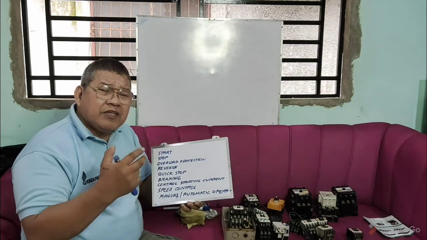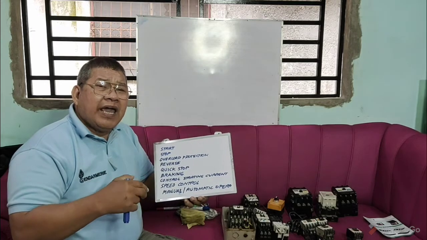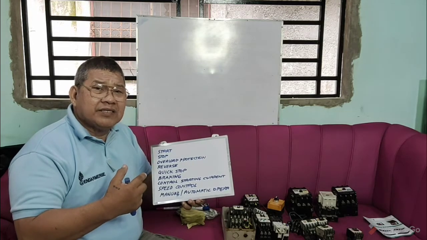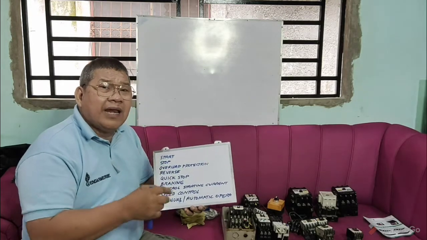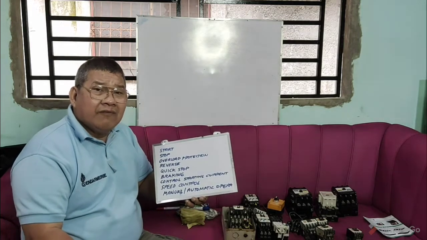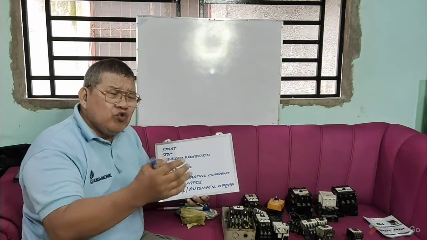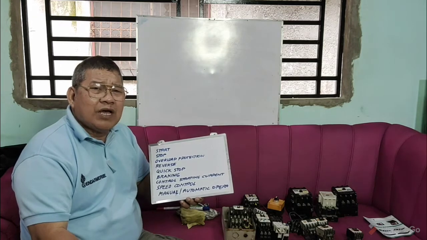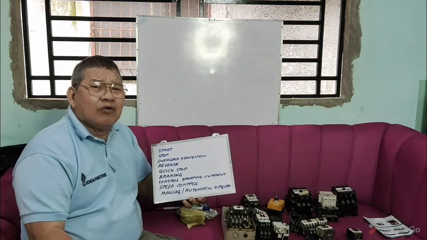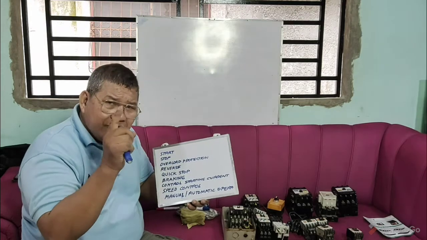Another one, in a three-phase motor, if you want to reverse it, you simply interchange any two of the three wires or leads, then the three-phase motor will reverse if you reconnect it. But without reconnecting, using the magnetic contactors or magnetic starter, you can easily reverse the motor automatically by pressing either forward or reverse. So that is very important.